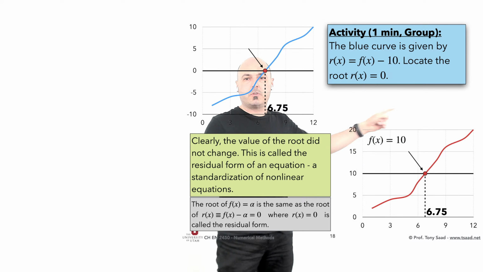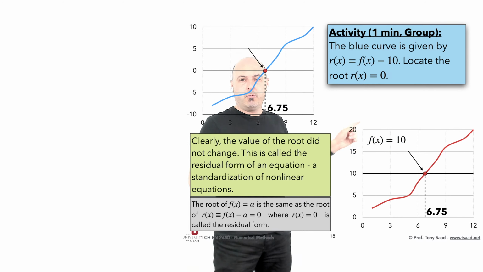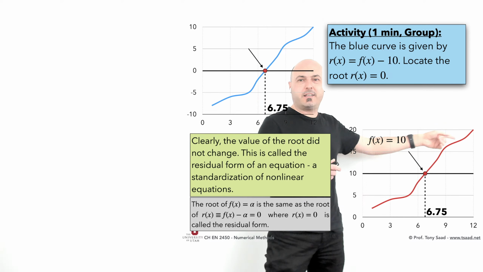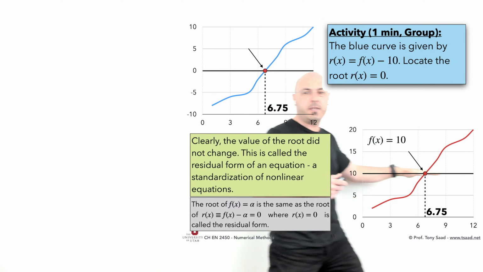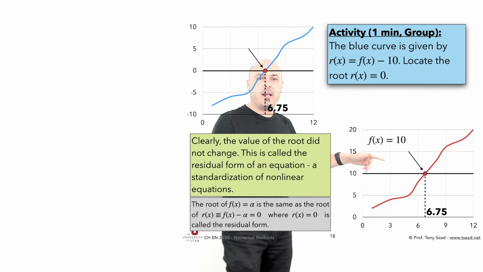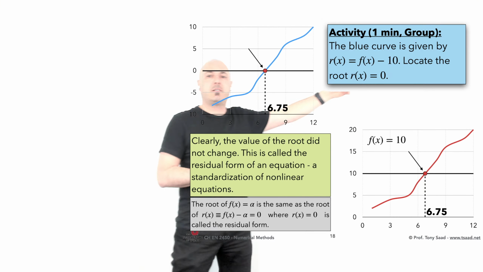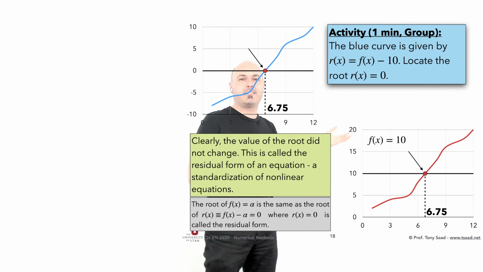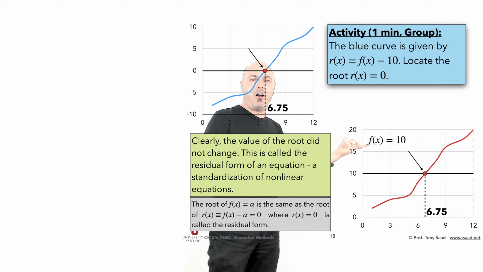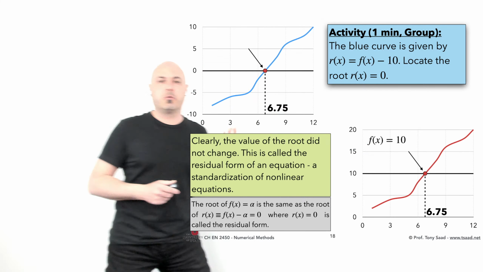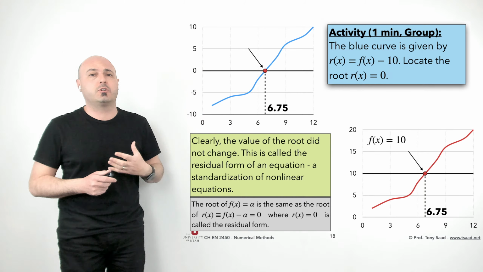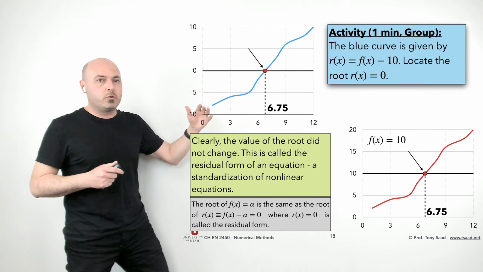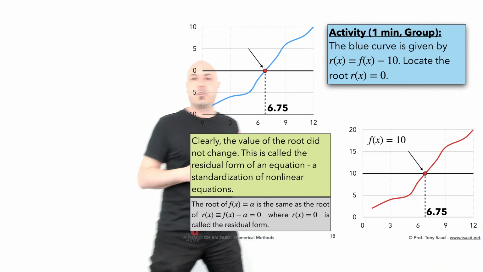And we said that the root of this function, which means the point where the curve f of x, the red curve, intersects the line y equal 10, is the same as the root of the function f of x minus 10. So if you do f of x, move everything to the left-hand side, put that equal to 0, and define all of that as a new function, call that the residual function, then the root of that residual function is the same as the root of the original equation you started with.